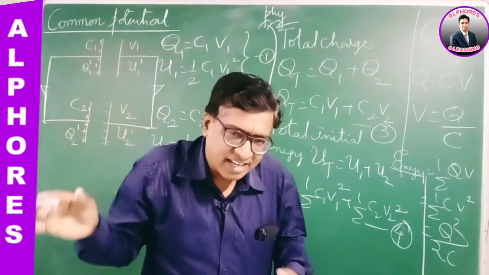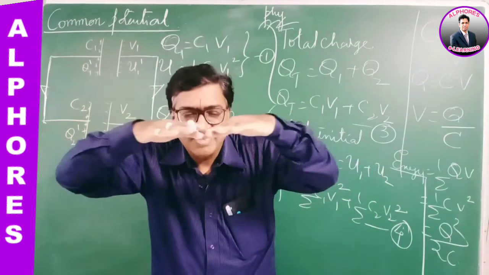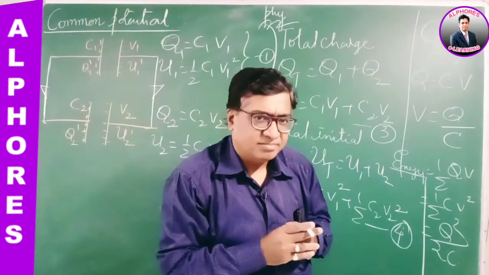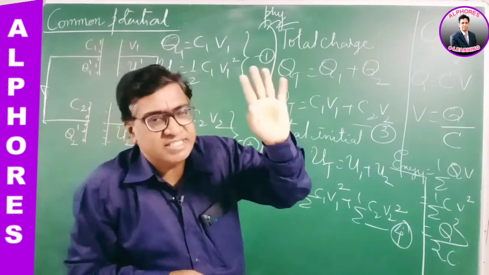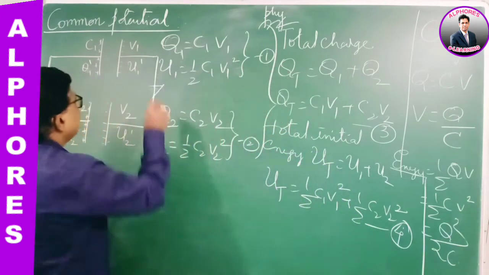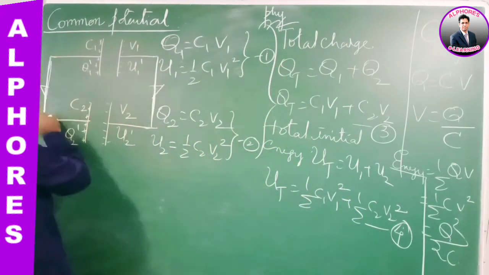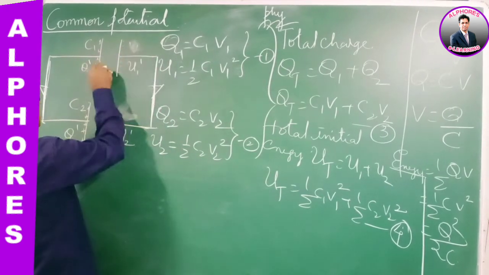This redistribution and rearrangement of charge takes place until their levels become equal, that is, potentials equal. Both attain the same potential, and let that potential be called the common potential Vc. So after the connection is made, both attain a common potential. This is Vc.